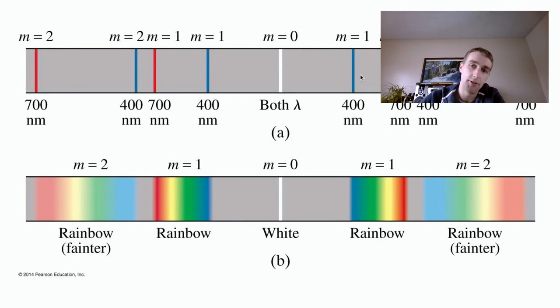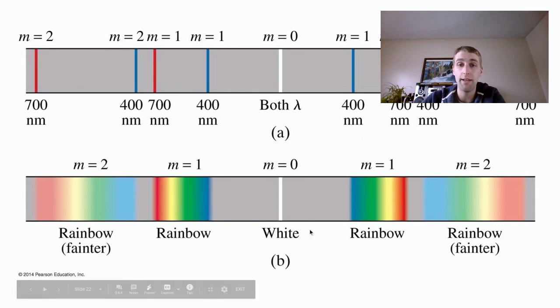You can see that d sine theta equals m lambda tells you that if you have a bigger wavelength, you have a bigger angle, or bigger theta. So that's why for the first order fringe, red, which has a wavelength of 700 nanometers, is wider than blue. And same for the second. Red is wider than blue.